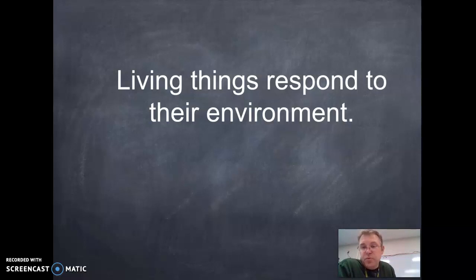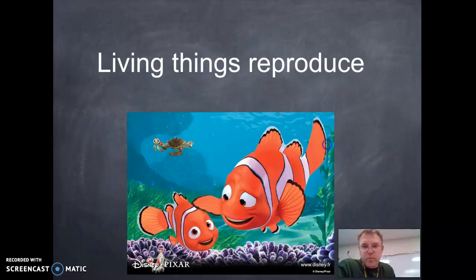The stem, the shoot of the plant is going to grow upwards away from the pull of gravity. So it doesn't happen rapidly, but that is a response to their environment. Every living thing is separate from its environment, and it's able to respond to the environment around it. Okay, so living things have cells, and also living things respond to their environment.